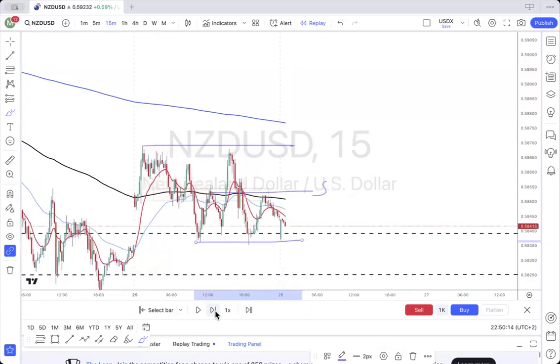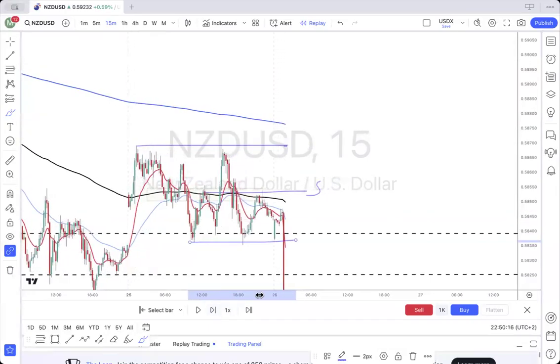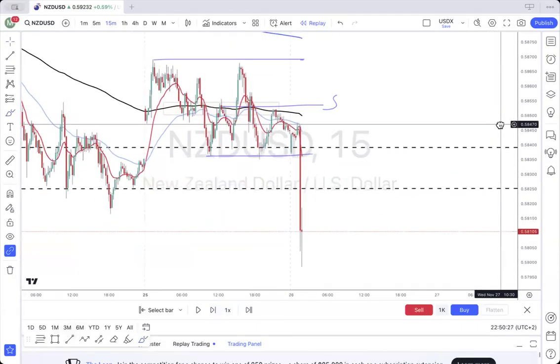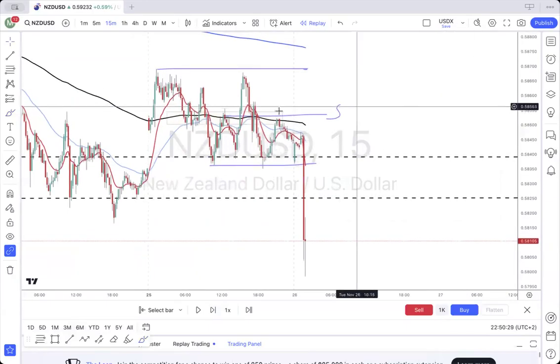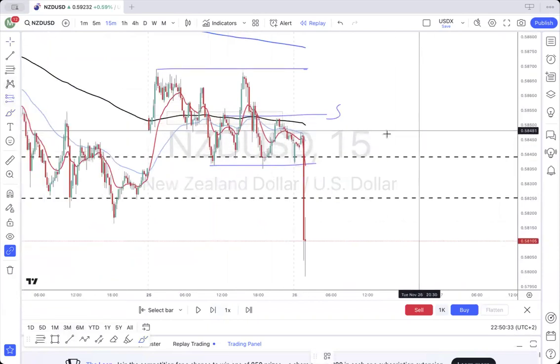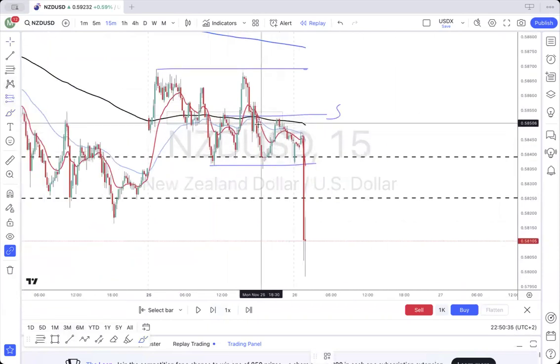All right, now we are on the next day. There we go. Right, this is news, I think. This is news. So can you see? I'll find the short position to try and show you the risk reward.